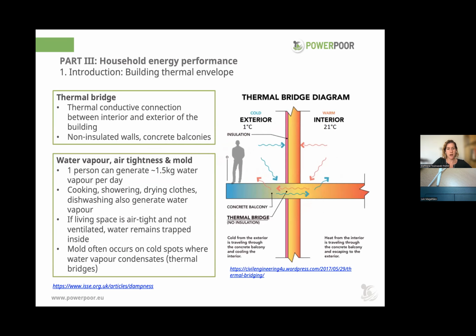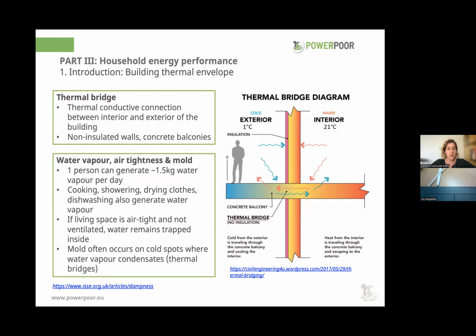Thermal bridges are those parts of the envelope where there is a connection between the interior and the exterior of the building, where the insulation is interrupted, such as concrete balconies that may interrupt the external envelope insulation.